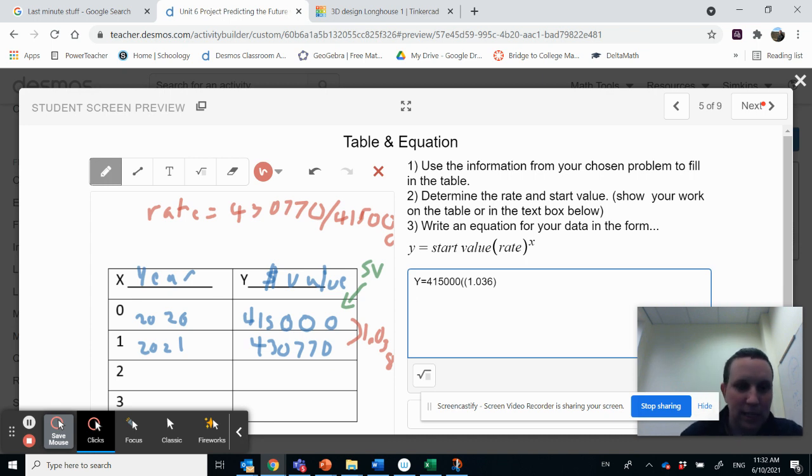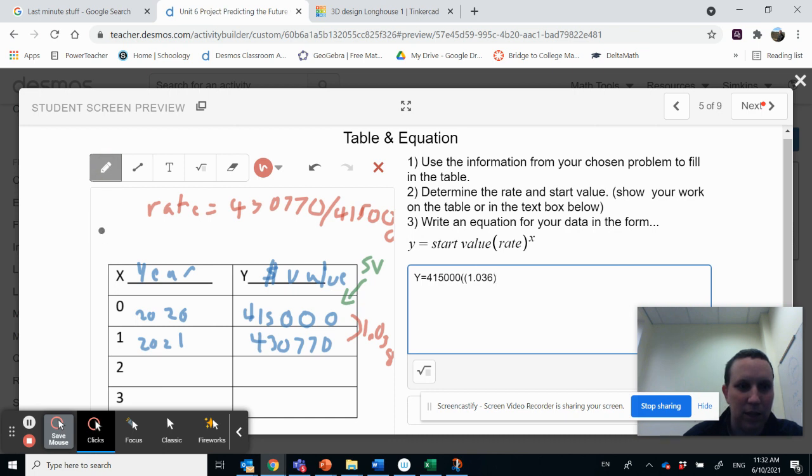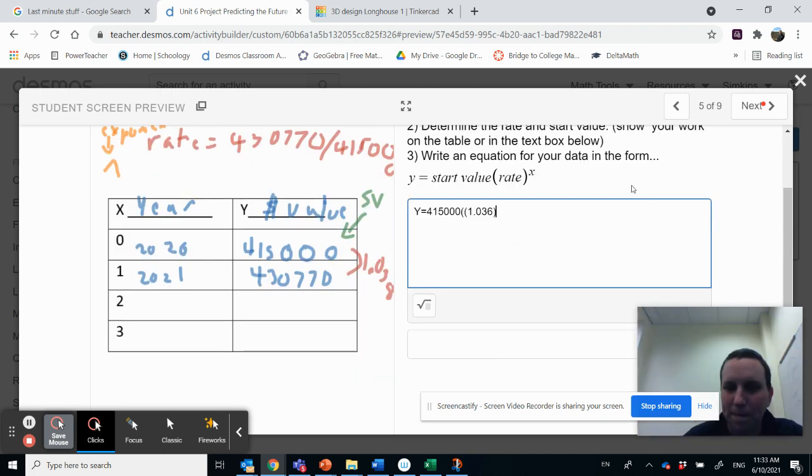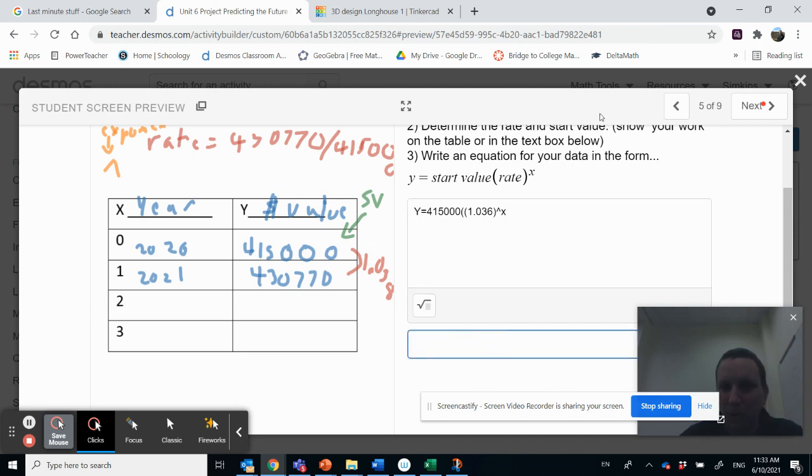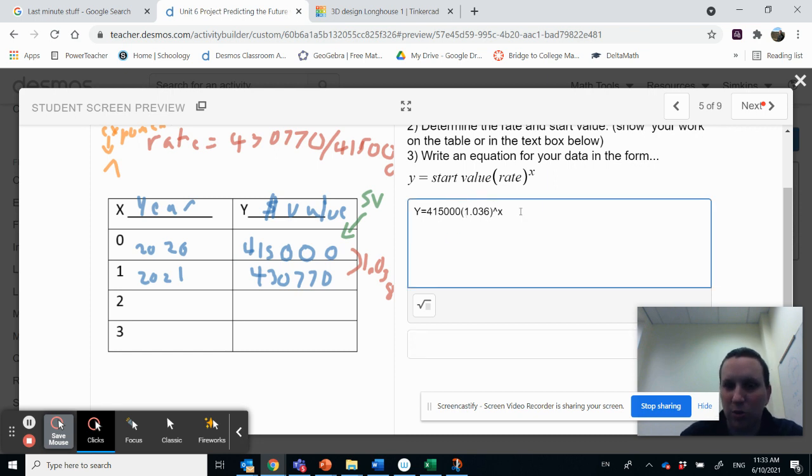In order to type an exponent in Desmos, if you look at the 6 key on your screen, you'll see a little caret that looks like this. And you're going to use that to type the exponent. So it's raised to the x power. Oh, there, it showed up right there in the equation. So that's my equation. I'm going to use that exact same equation on the next page to create my graph. I'm actually just going to copy it right over.